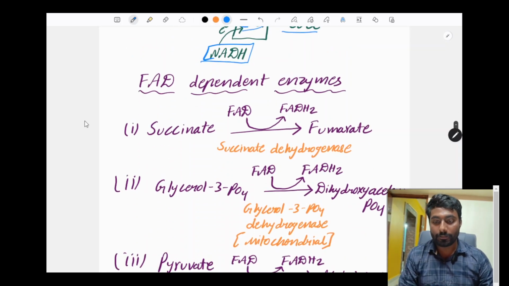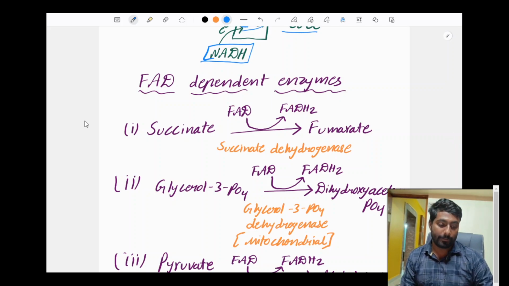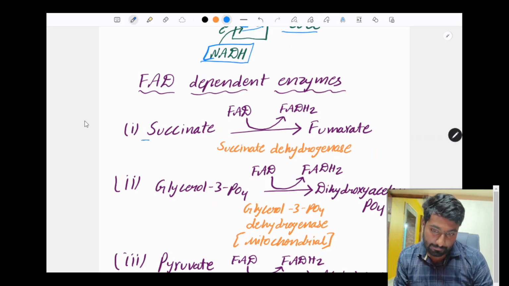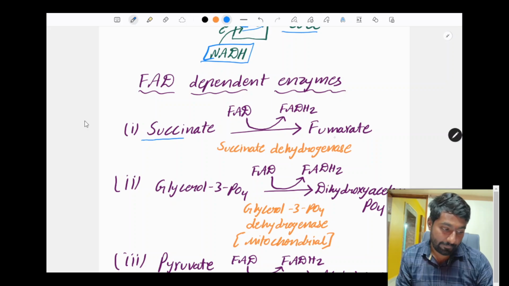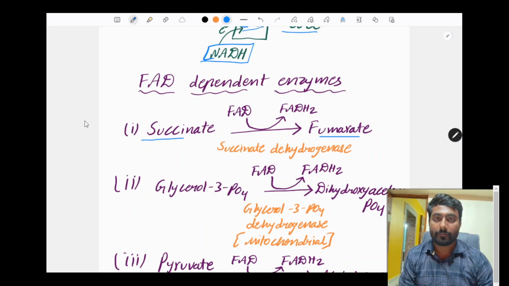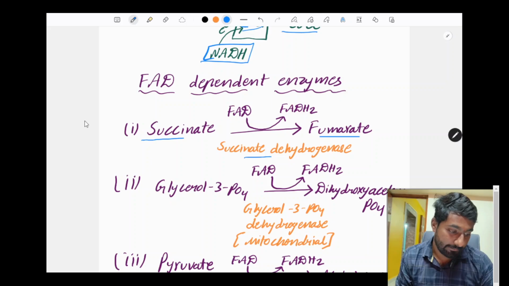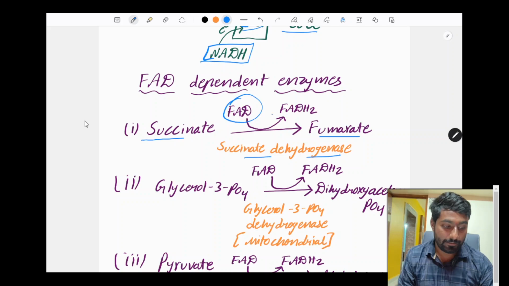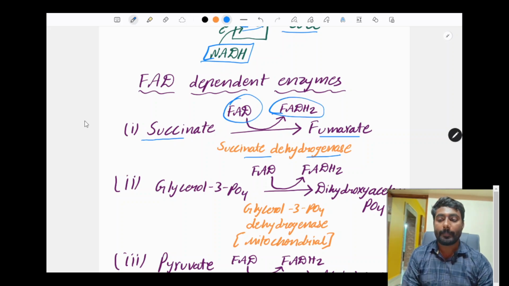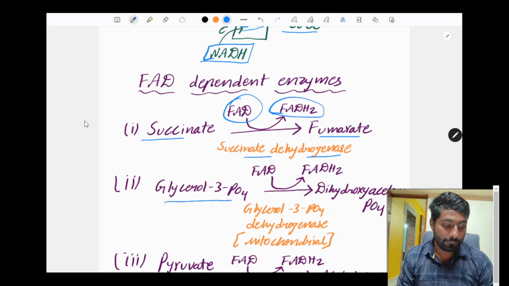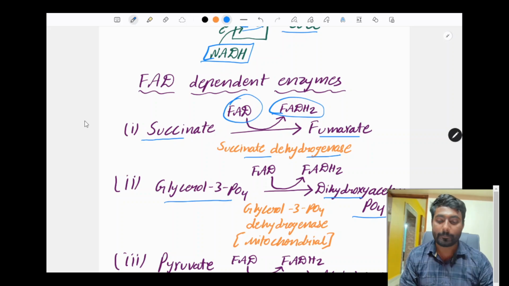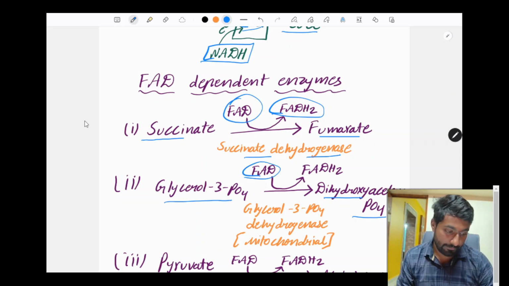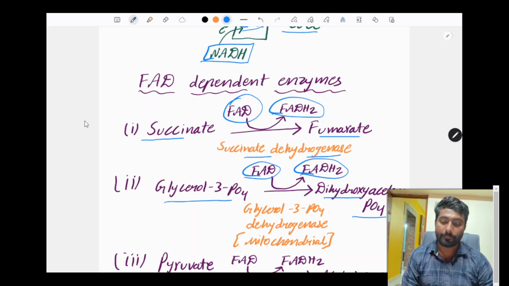Now if you see the reactions done with the help of FAD, they are as follows: succinate is converted into fumarate with the help of the enzyme succinate dehydrogenase, where FAD is converted into FADH2, and glycerol 3-phosphate is converted into dihydroxyacetone phosphate, with the same FAD converted into FADH2.